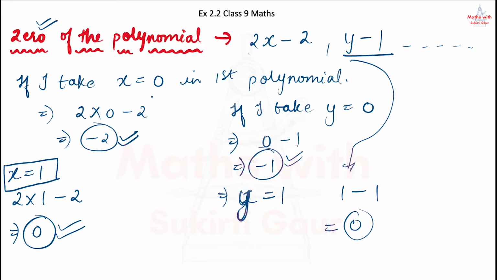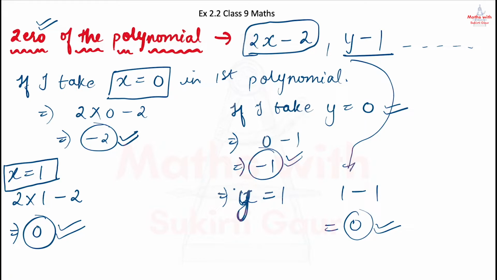It means, was x equals to 0 the zero of the first polynomial? No, because it was not giving us 0, rather it was giving us minus 2. Same happened with the second one. We took y equals to 1 and it gave us 0, whereas when we took y equals to 0, it was not giving us 0, it was giving us minus 1.